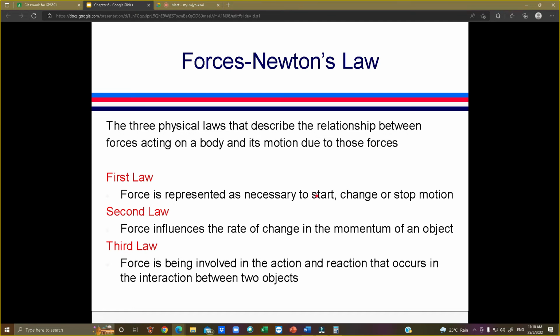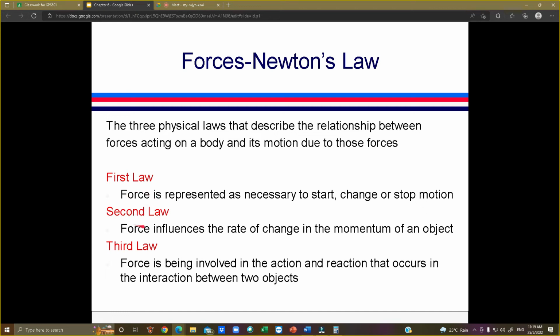These are the three Newton laws. We have discussed about this one, so I'm not going to go in depth. It's just that the first law, revision, is more towards when there is no force, there won't be any movement, there won't be any acceleration. When we give force, second law, it will cause an acceleration, and acceleration causes a movement.